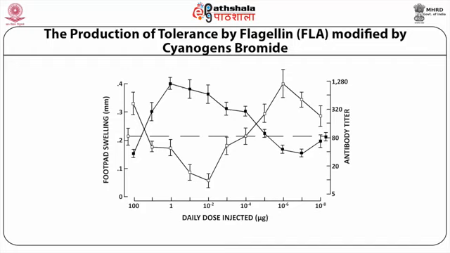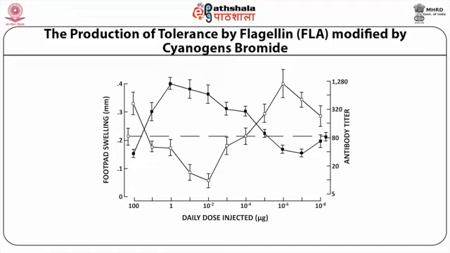Curiously enough, at the same time, its capacity to result in a delayed hypersensitivity increased. This property in fact remained quite well even in the case of another flagellin derivative which has lost both immunogenicity as well as antibody precipitating ability.